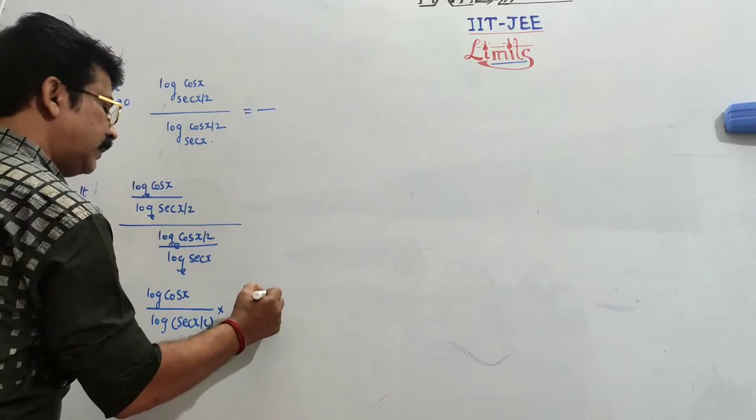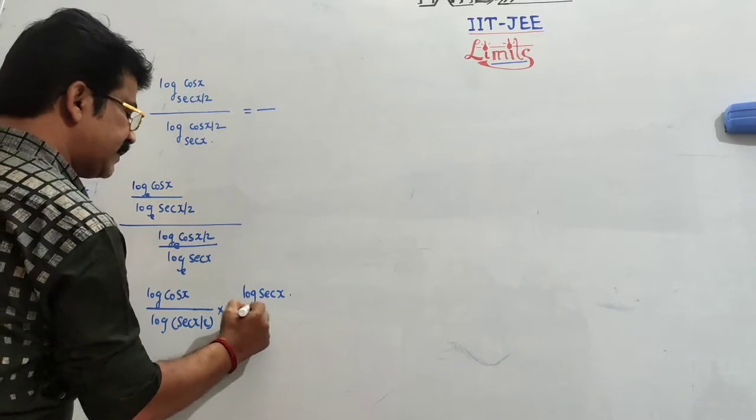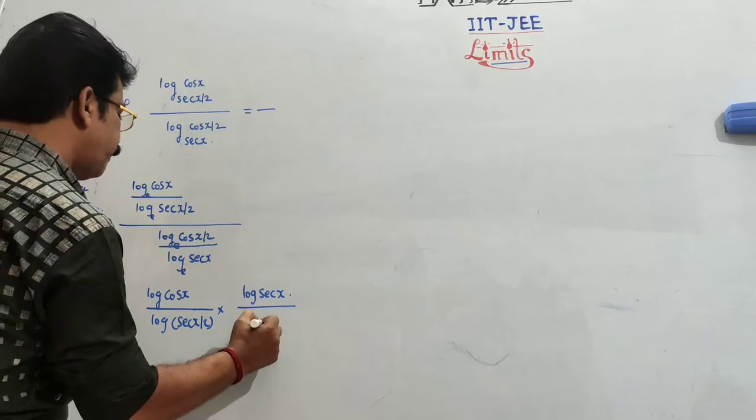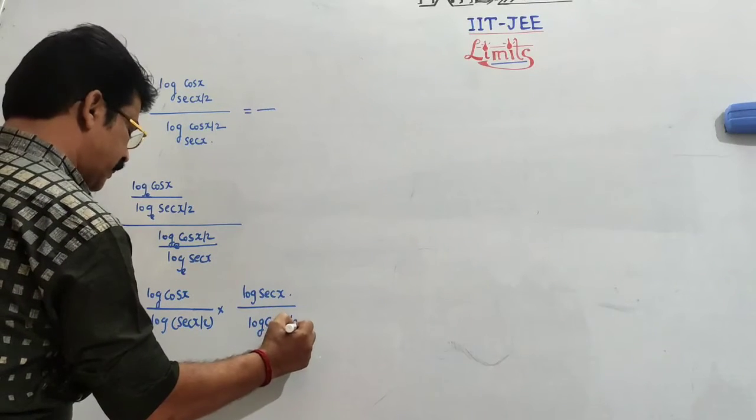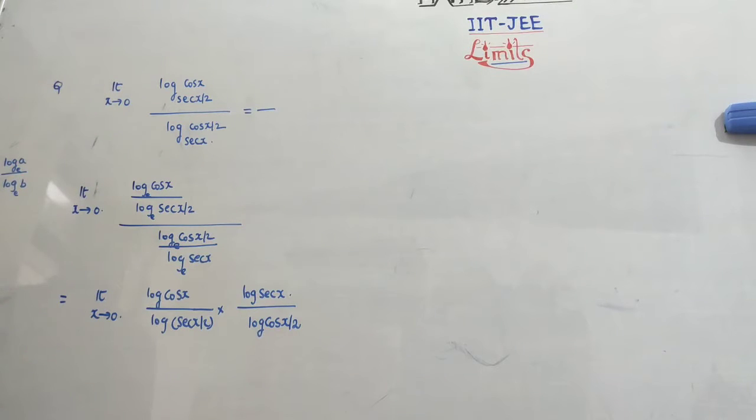log of secant x divided by log of cos x by 2. So that is equal to limit x tends to 0.